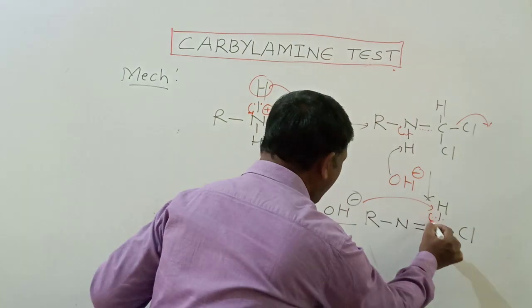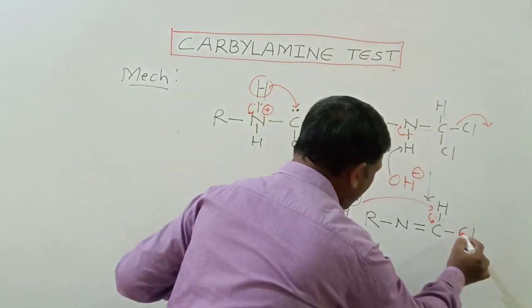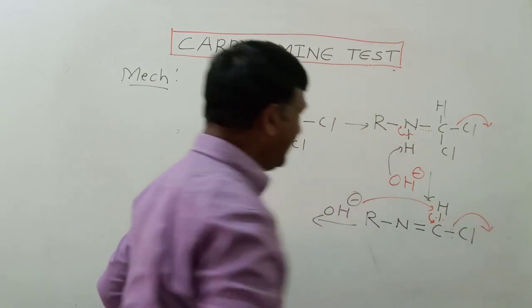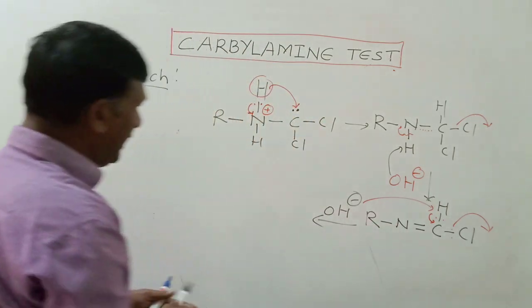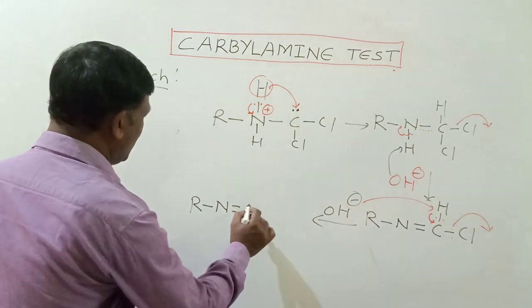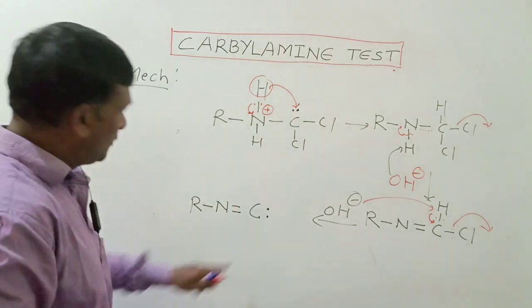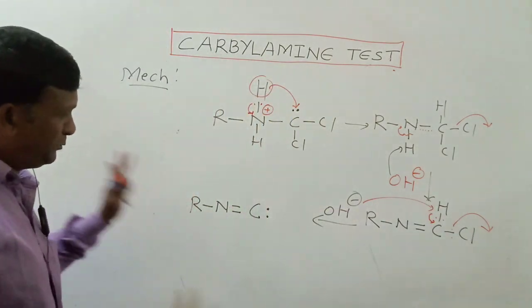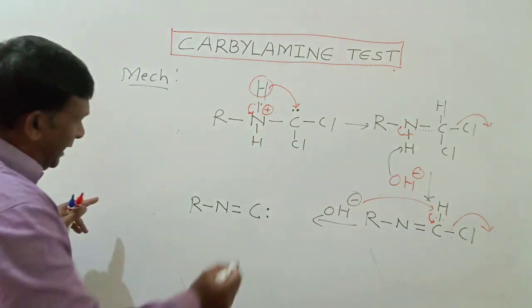So when the electron pair is going to be shifted towards carbon, the chlorine with its electron pair of this bond tends to release out from this molecule. So here is the formation of our N double bond C with the electron pair given by the hydrogen. So this species is a very important species which is formed over here.